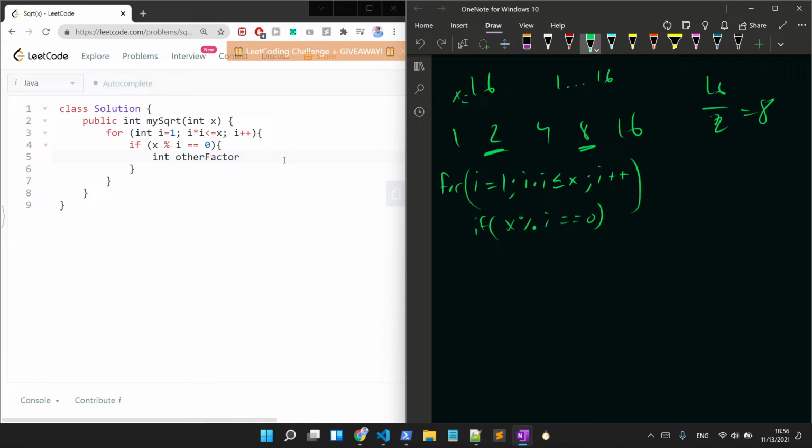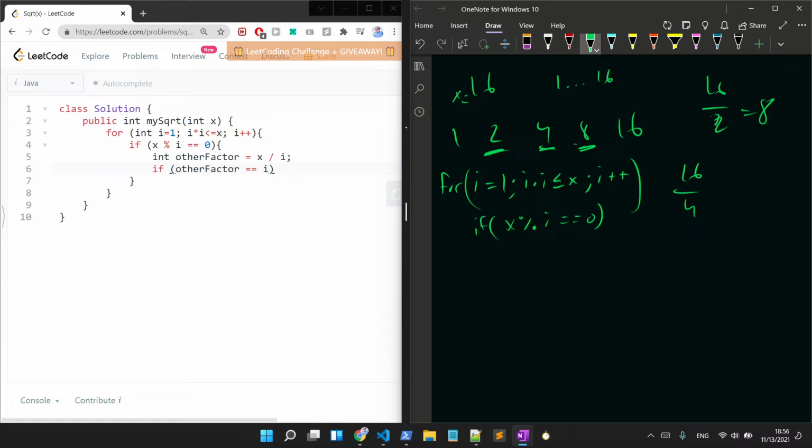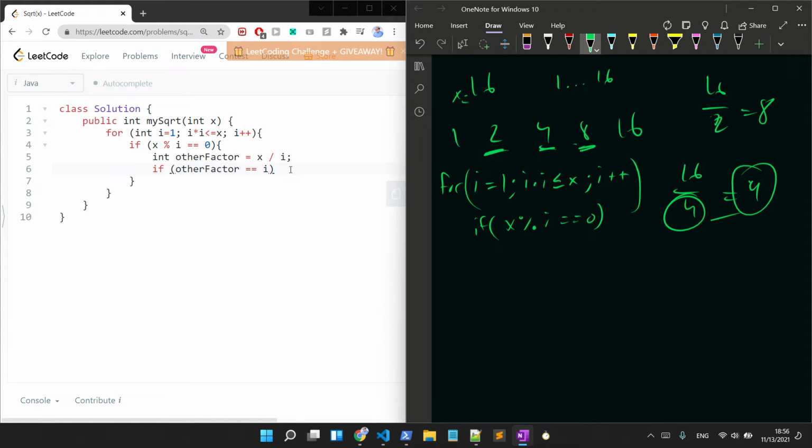So what we're doing is saying other factor is x divided by i. And if other factor equals i, if instead of it being, say, 2 and 8, it would just be 4 and 4, because of course 16 divided by 4 equals 4. So this would be i, this would be other factor, they're equal. Therefore, we know we found the perfect square, so we'll just return that number.